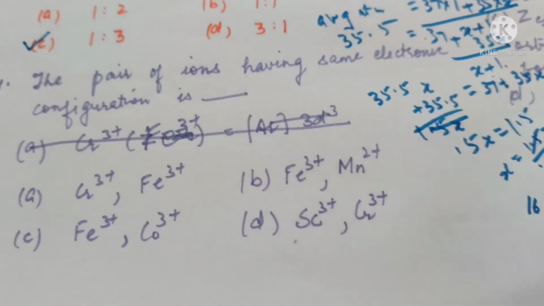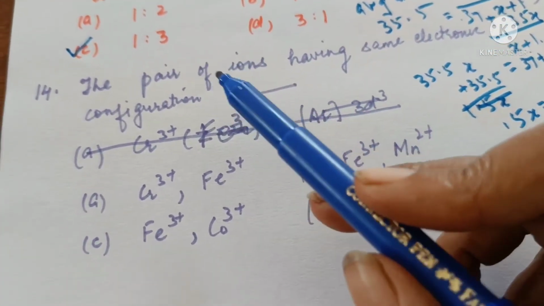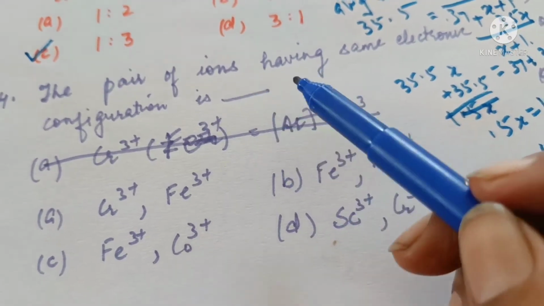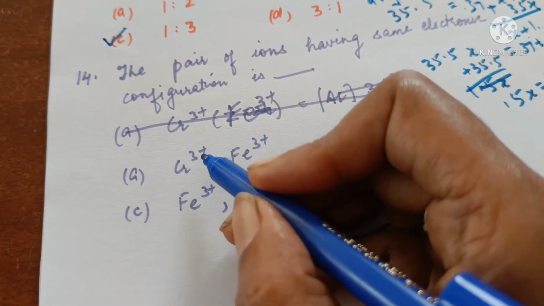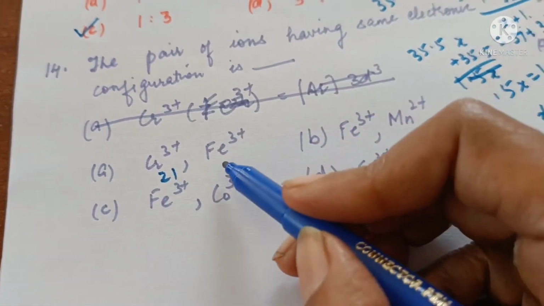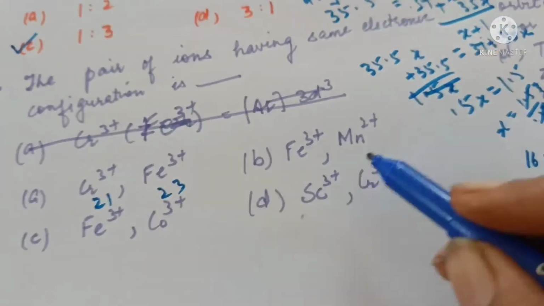The pair of ions having the same electronic configuration is? For the ions to have the same electronic configuration, they should have the same number of electrons. Chromium 24, 3 positive charge means 3 electrons are lost, 21. Iron 26, 3 electrons lost is 23.